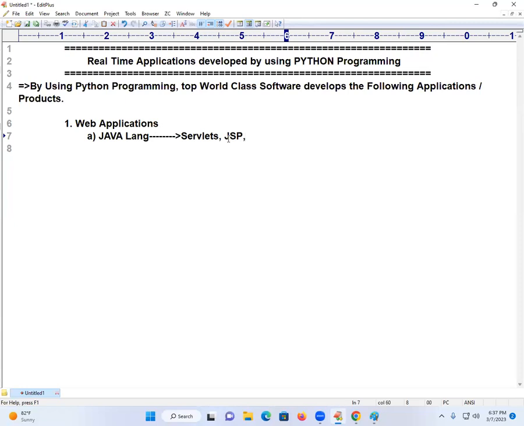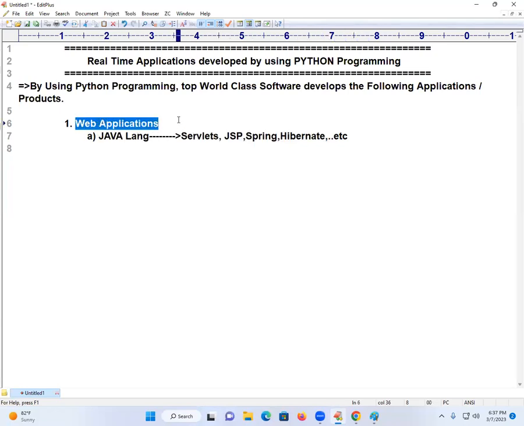Now, what will we use? Spring. We will use Spring. Next we will use Hibernate. We will use Spring with microservices. Different technologies we use. By using this kind of Java language and these technologies, we develop what?